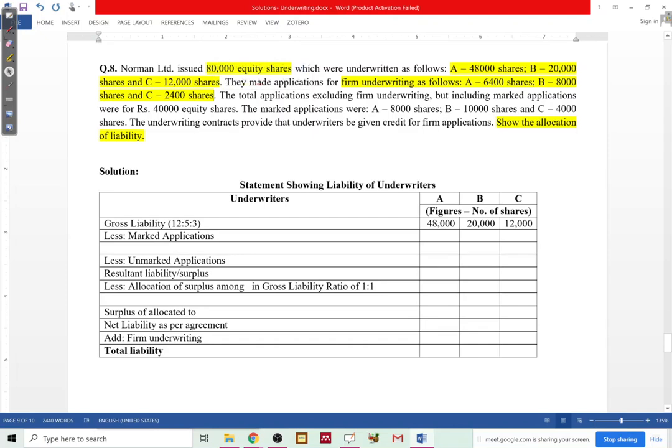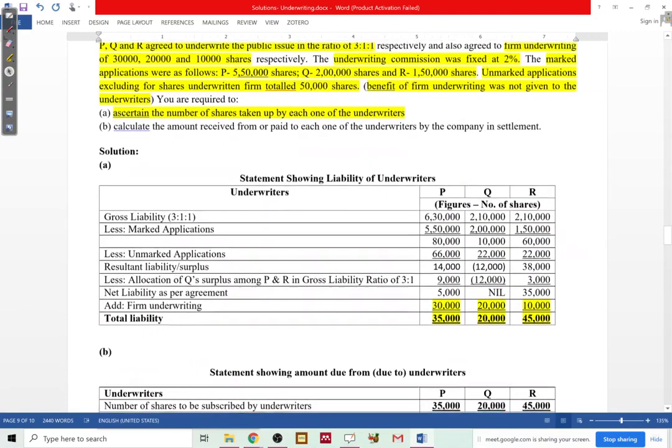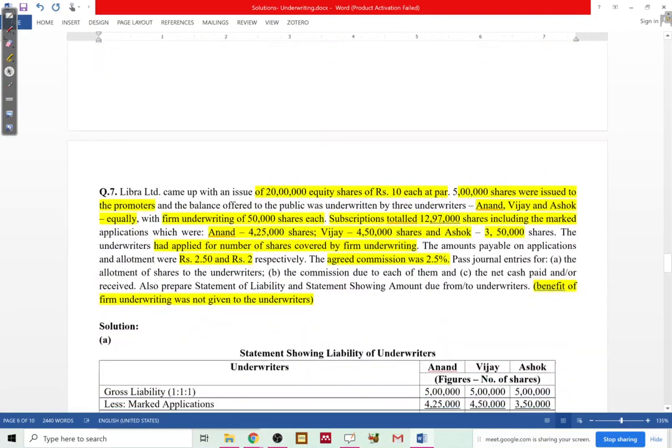in this sentence, read here, underwriting contracts provide that underwriters be given credit for firm applications. This is the first problem that we have come across where it says give credit for firm applications. All this while we have seen credit not to be given.